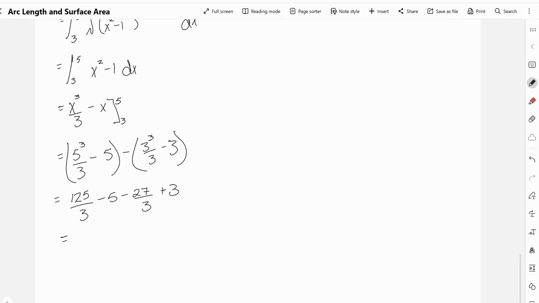So we have 125 minus 27 when I put those fractions together, which is 98 over 3, minus 2. So 98 over 3 minus 6 over 3 is going to give us 92 over 3. So our arc length, the length of that segment, would be 92/3 units.